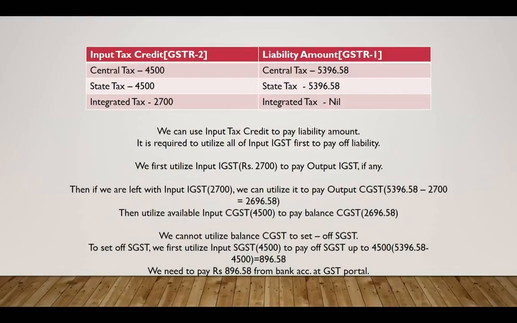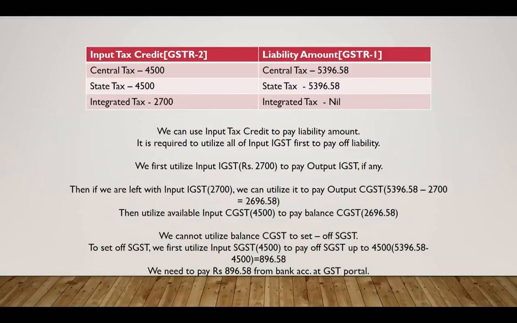Now let me show you the calculation for set off for the given information. We have input IGST of rupees 2,700, which will first be utilized to set off output IGST. Right now we are not liable to pay any output IGST, so this input IGST would be utilized to set off central tax amount.